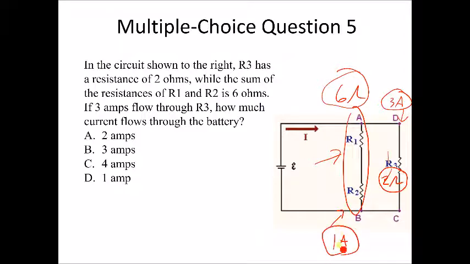Well, what that tells me is that if I have 3 amps going this way and 1 amp going this way, those two currents are going to come together right in here, and that's going to give me the total current going back to the battery, which is going to be the 3 amps here and the 1 amp here. A total of 4 amps come out of this battery. So our answer on this one is C, 4 amps.